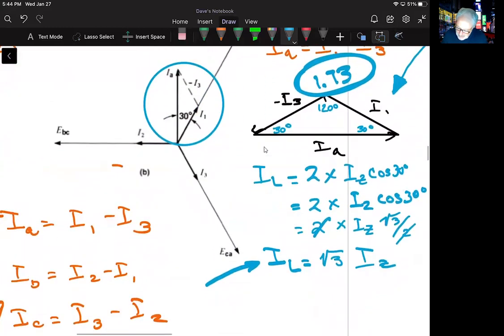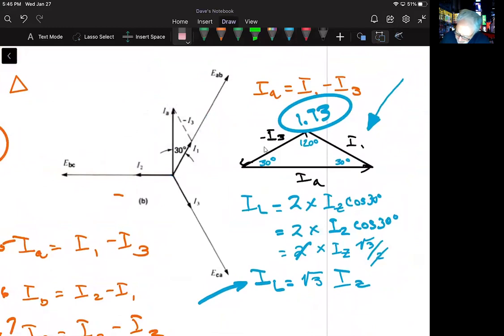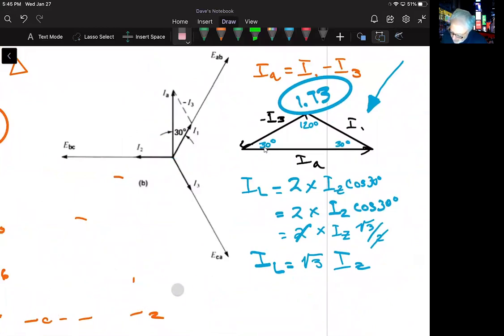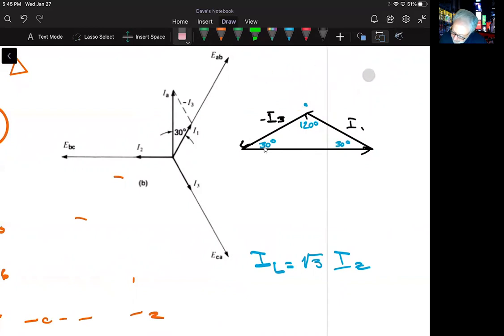And let me clean this up a little bit so that we can get all this on one page. Okay. And I'll tell you what, let me just do this. I'm going to leave that there. And I'm going to come up with this.